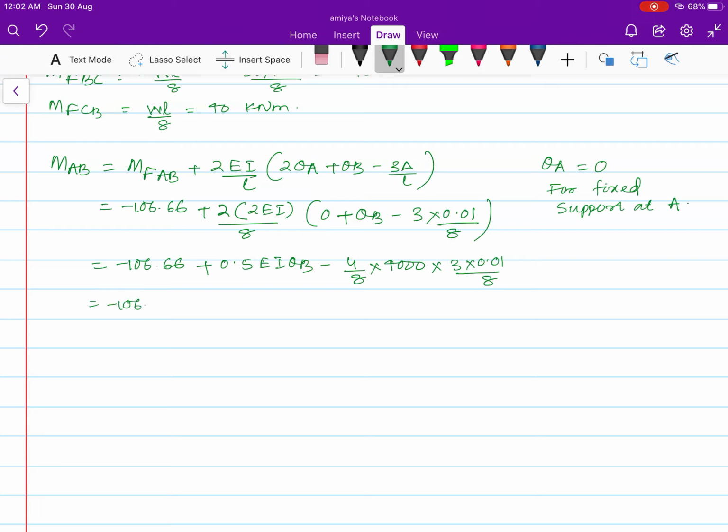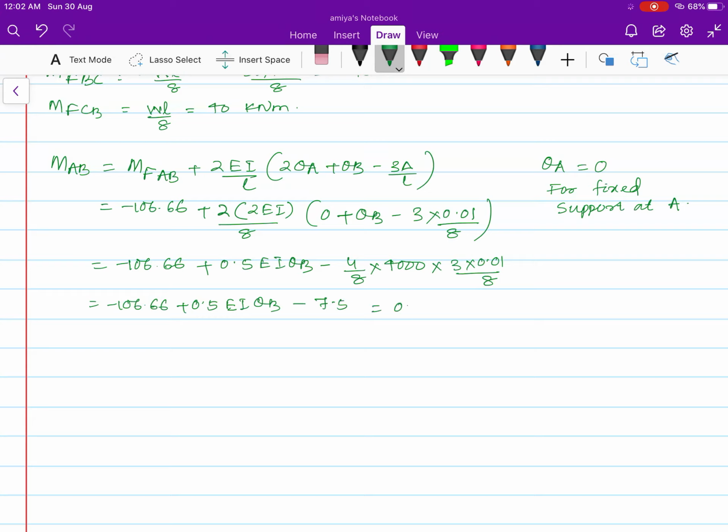So minus 106.66 plus 0.5 EI theta B. This term we are getting 4 into 4000 into 3 into 0.01 divided by 8 into 8 is 7.5.